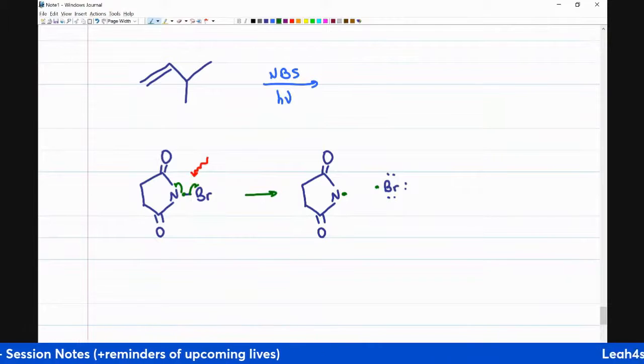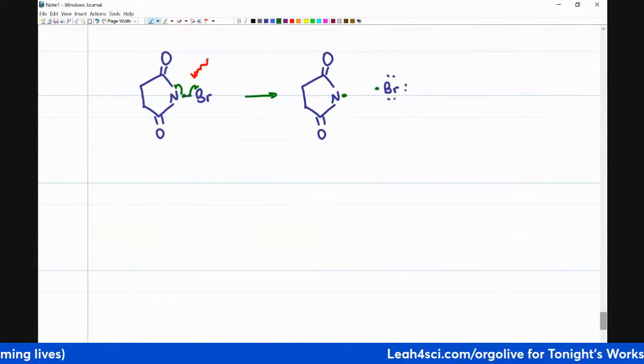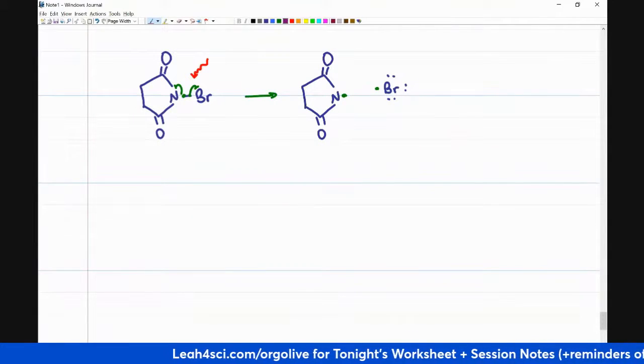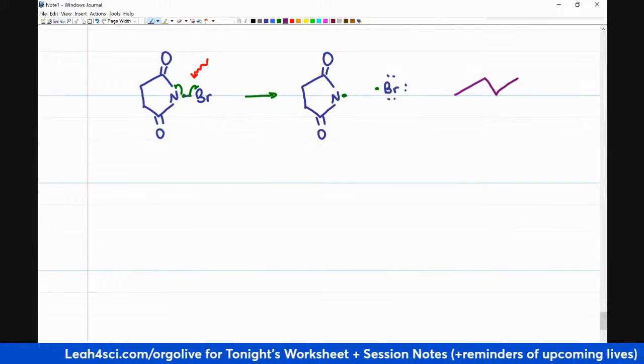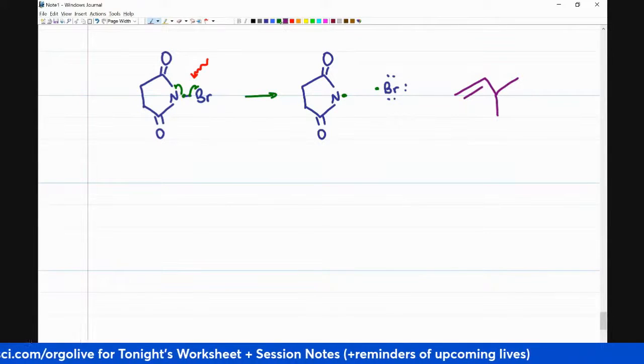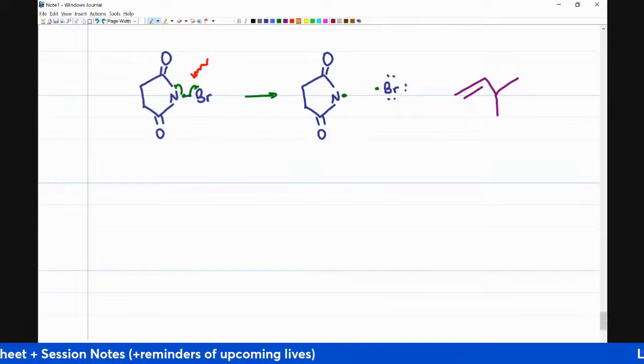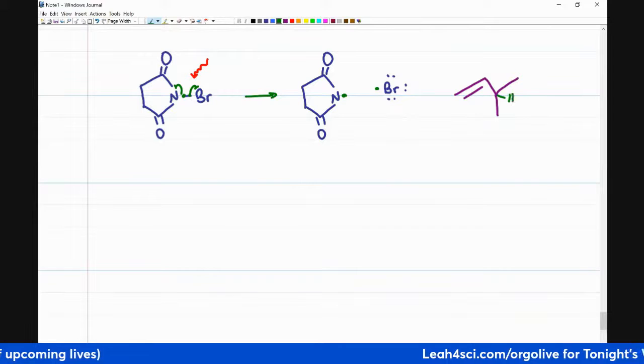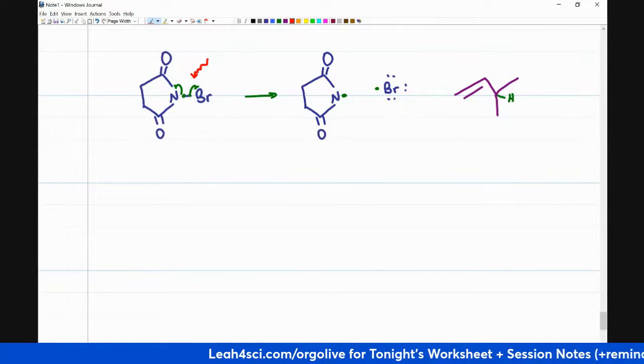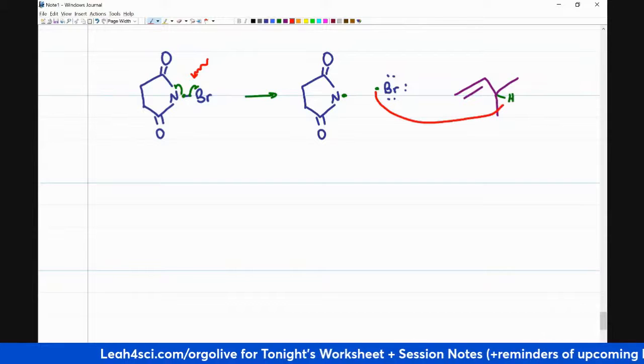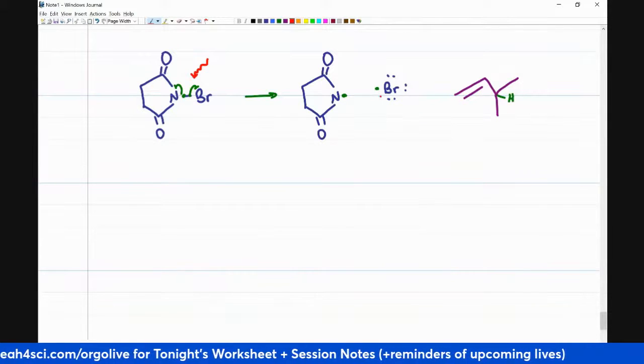This bromine radical, in the presence of NBS in this situation, is going to then attack my alkene in a very similar mechanism to what we saw before. Bromine is going to attack not the pi bond, it's going to attack the hydrogen nearby. The hydrogen closest to the pi bond is the most susceptible, the most reactive, and that's here.